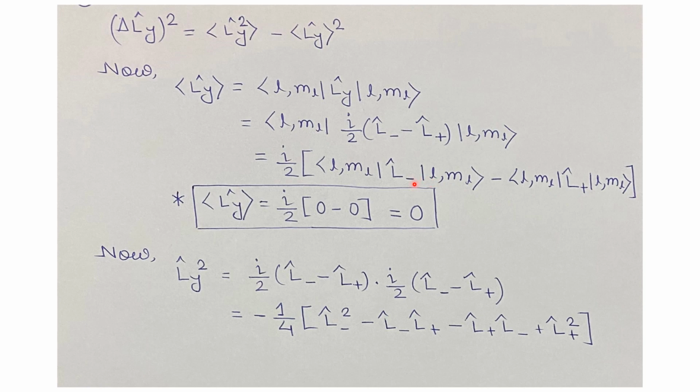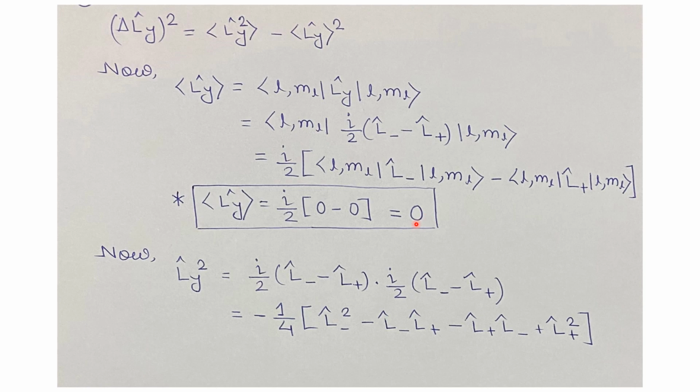Now the L minus operator operating on this state |L, ml⟩ lowers the state and it will give a state |L, ml − 1⟩ with some prefactor. But because of the orthogonality, the |L, ml⟩ state inner product with |L, ml − 1⟩ will give 0. Similarly, for this case also we will get 0. So it will be i/2 times 0 minus 0. So essentially the expectation value of the Ly operator will be 0.